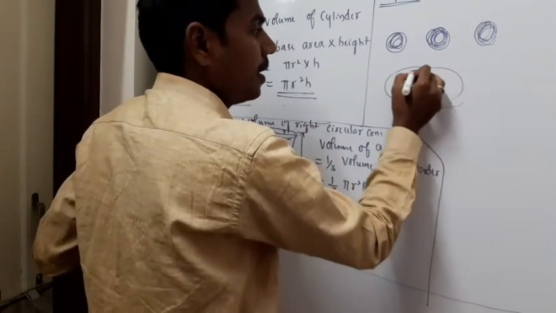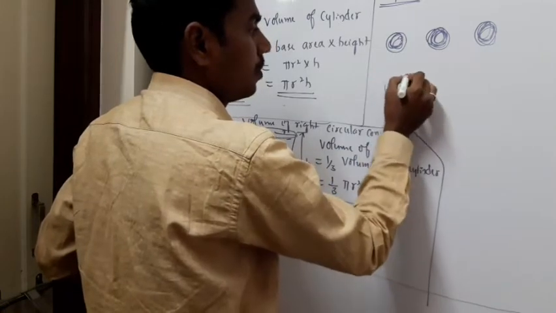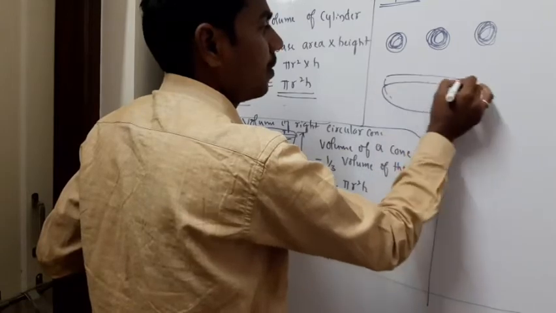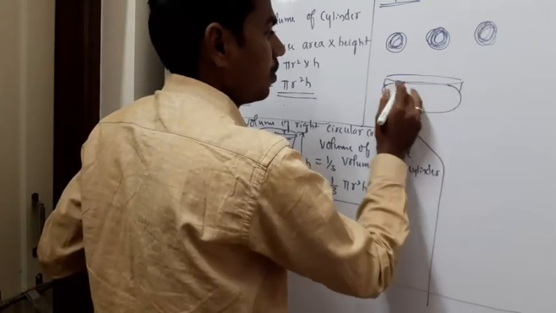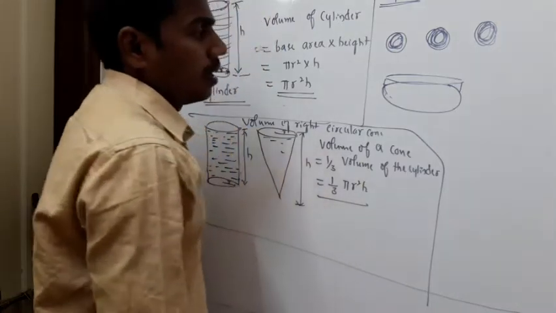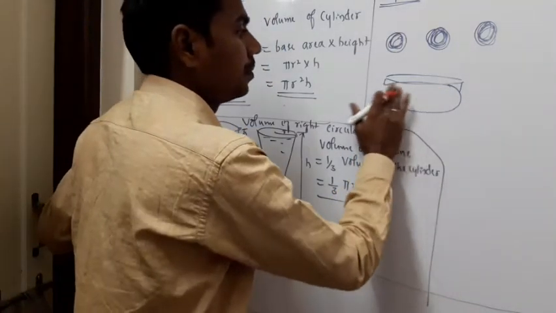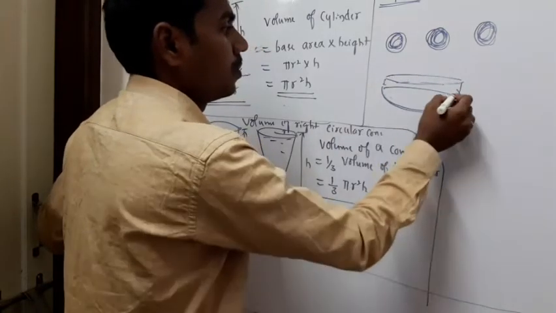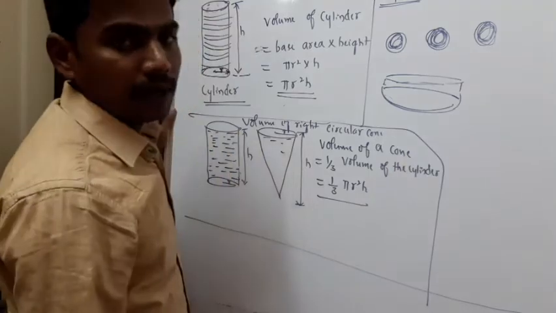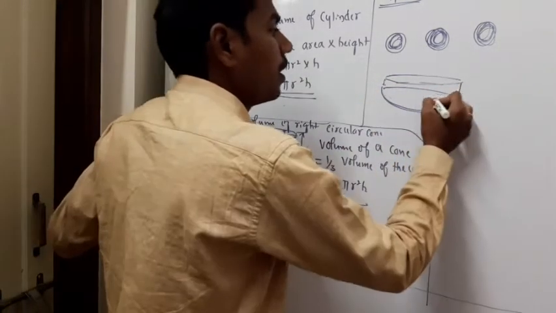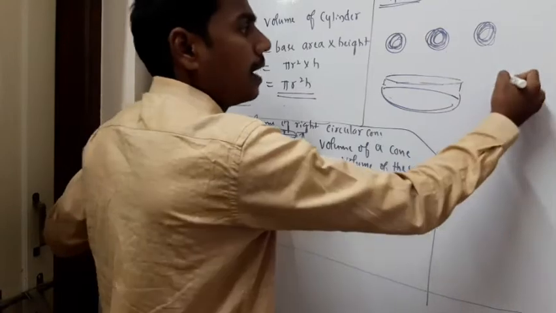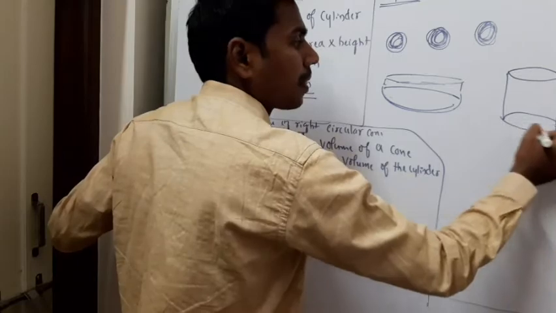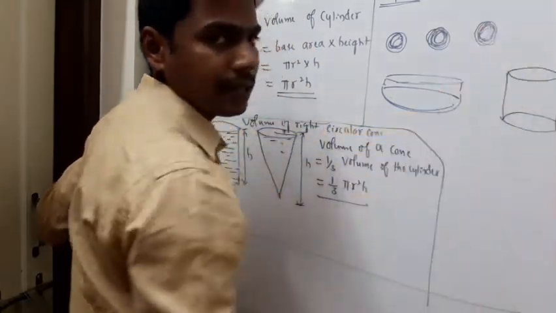A trough is a container. Take one cylindrical trough and one cylindrical container, such that this ball can easily be immersed into this container.